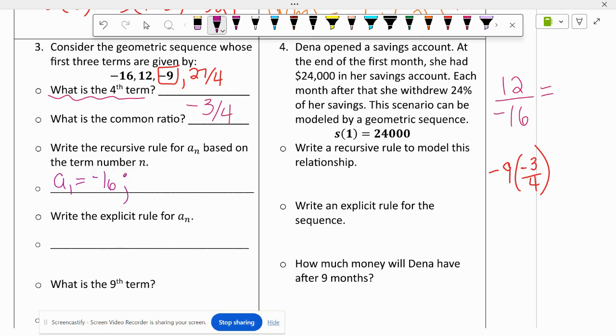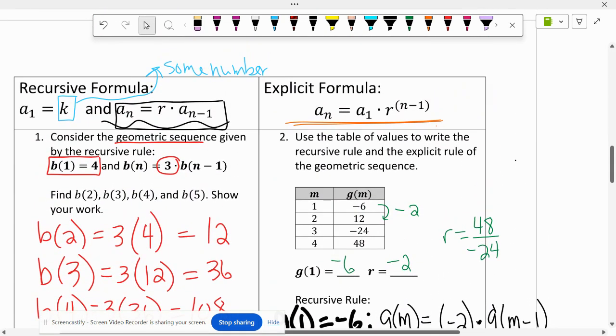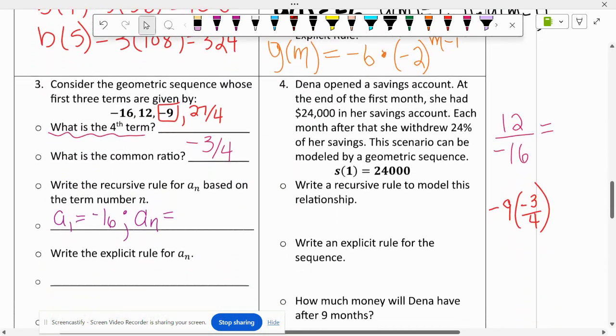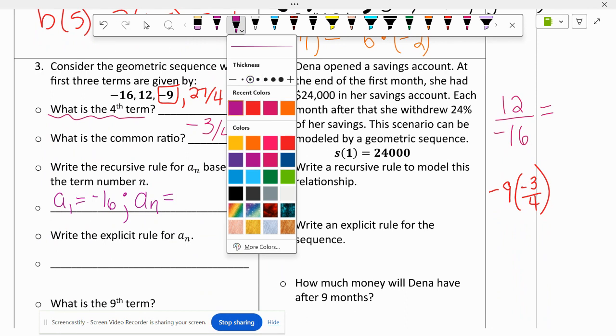Okay. Recursive rule. I start off with A of n equals. Do you guys see where I'm getting this? This is right here at the very top. This is the rule that we're using. So I start off with A of n equals, what am I going to do next? R, what is R?